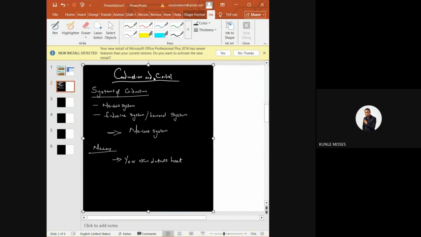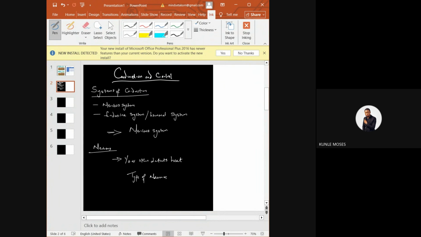Let me quickly explain the three types of neurons and how they are connected. We have the sensory neurons, we have the motor, and the relay.